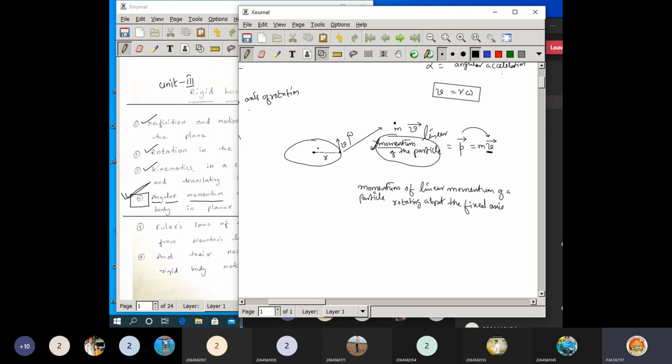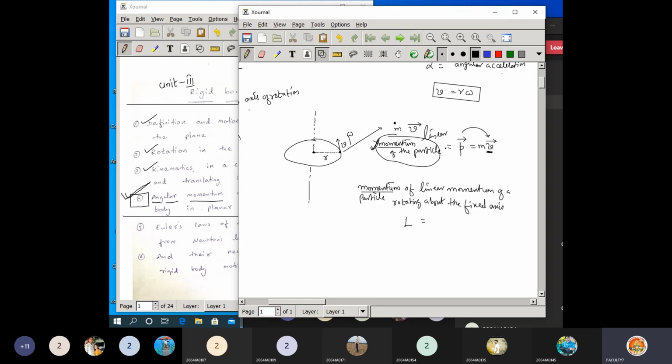Now here what is the fixed axis? This is the fixed axis here. This dotted line represents the fixed axis. So due to that rotation, we are going to get the momentum of this particular linear momentum, which can be given as L here. The representation is L.